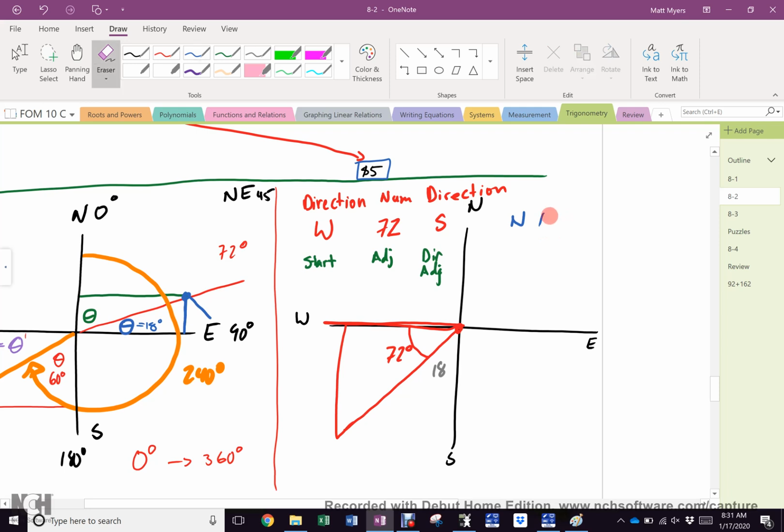No, we've already done 18 and 72. North 27 east. Where would that line be? I always start in the middle and then go from there.